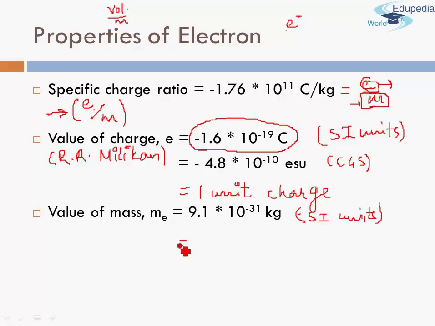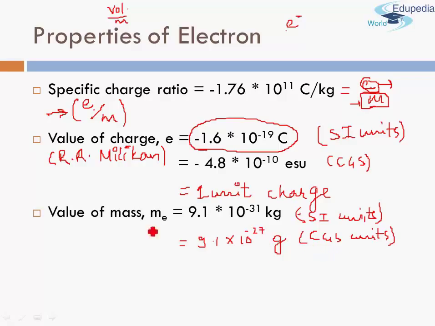So in CGS unit, the CGS unit of mass is grams, so this will come out to be 9.1 multiplied with 10 to the power minus 27 gram. In CGS unit this is going to be the value, because 1 kilogram is 1000 grams, so you multiply this value by 1000, you get it in CGS units.